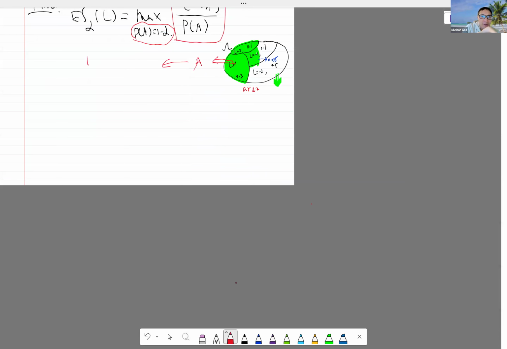Using this A, you do the conditional expectation, right? Let me use another one.